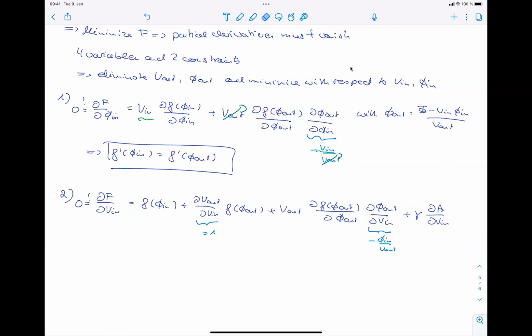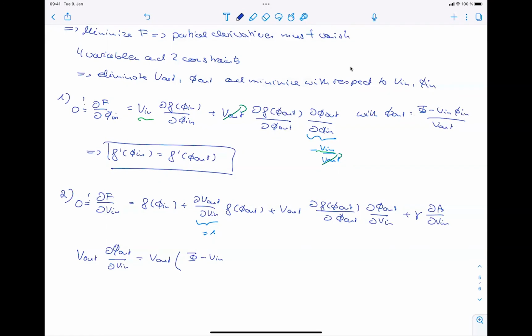Okay, let me just follow my notes. I must have done something weird here. Okay, let me see. So looking at phi_out, d phi_out, dV_in. This is V_out times d phi_out. I think you just forgot the dependence of V_out on V_in, right?